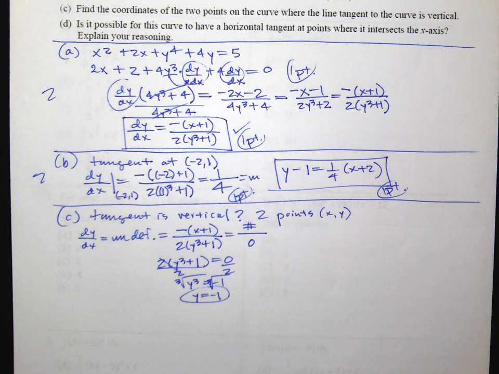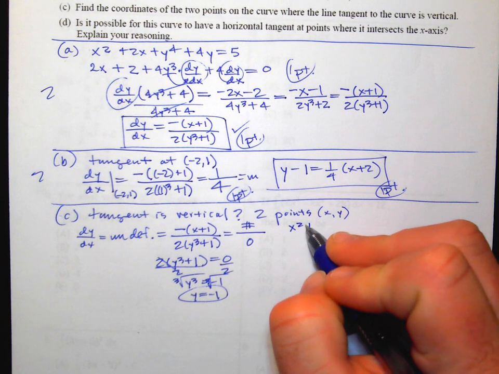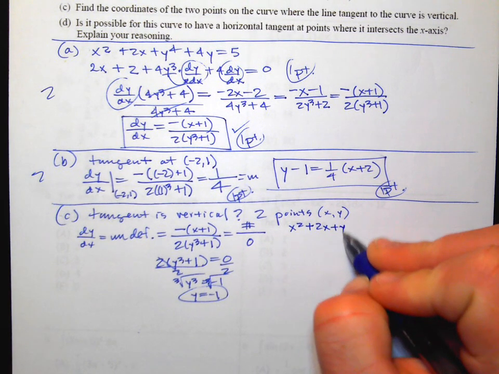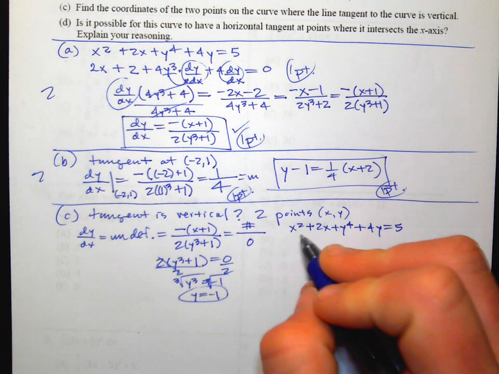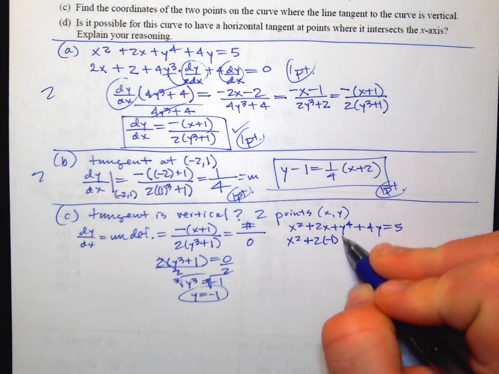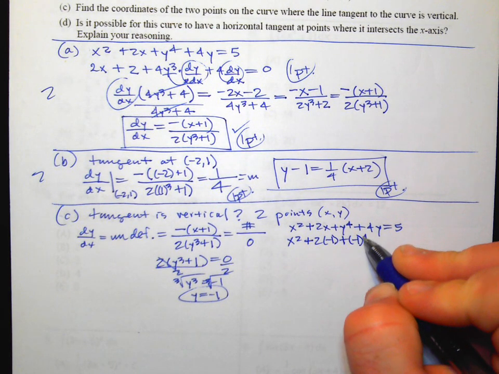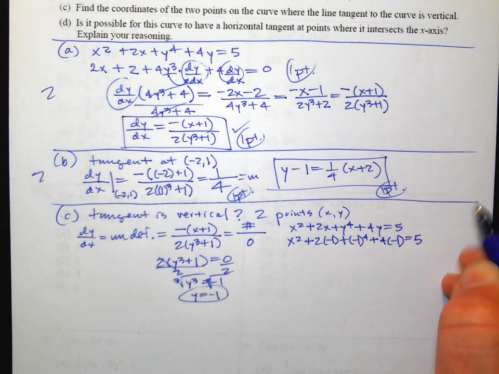But how do we find the x coordinate that goes with this y value? I mean, since Algebra 1, if I give you a y, could you give me the x? If I give you x, could you give me the y? Yeah. You're just going to use the original equation for x and y, their relationship with each other. If you plug negative 1 in for all the y's in here, you're going to get an equation that you can solve for x.